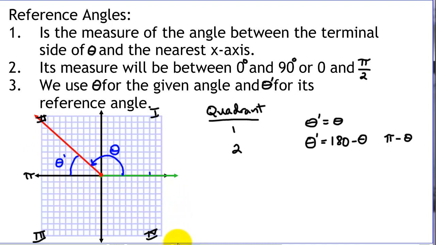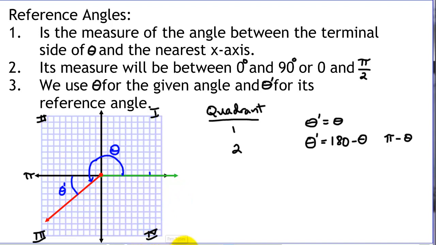Okay, let's look at what happens in quadrant 3. So now we have taken our theta into quadrant 3. Our given angle's here. Based on our definition, this angle is our theta prime, our reference angle.